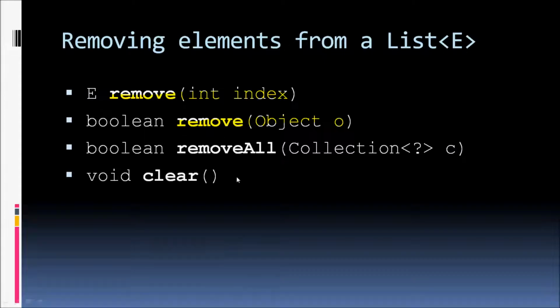And note that when using the second overload, remove with an object as a parameter, the class of the object must implement the equals and hashCode methods so the collection can find the object.